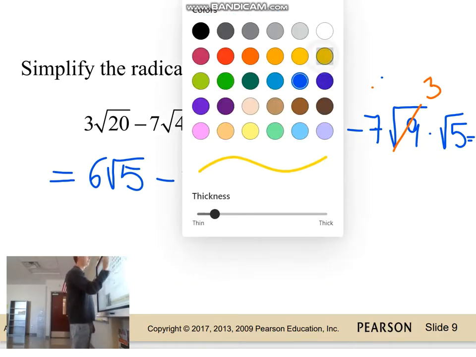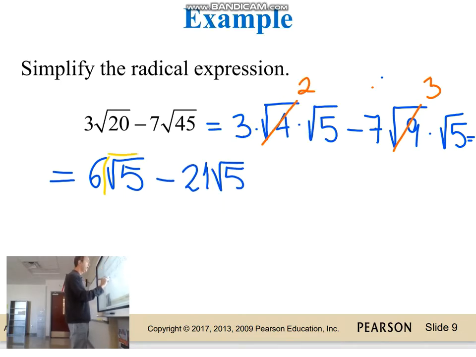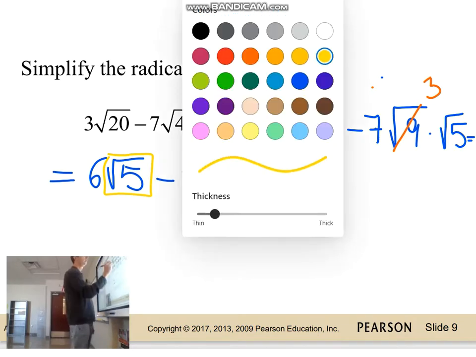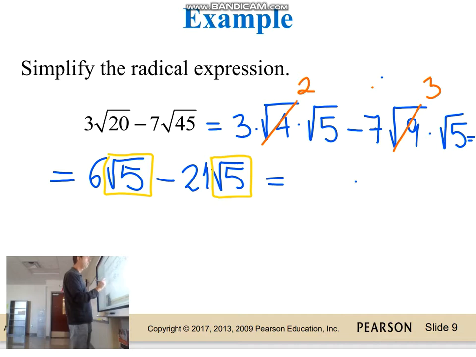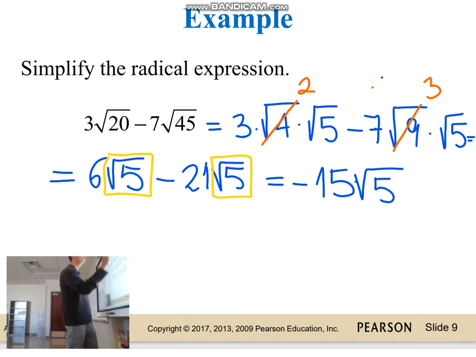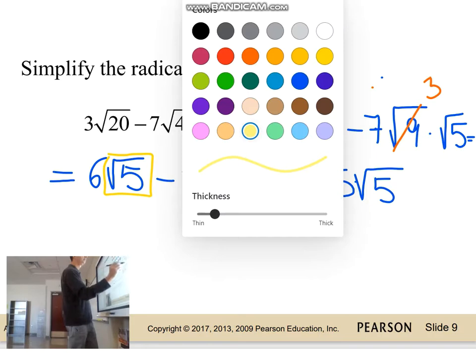The square root of 5 is going to be a like radical we have in both terms. That means we can combine the coefficients, 6 minus 21, negative 15, square root of 5. That is the answer.